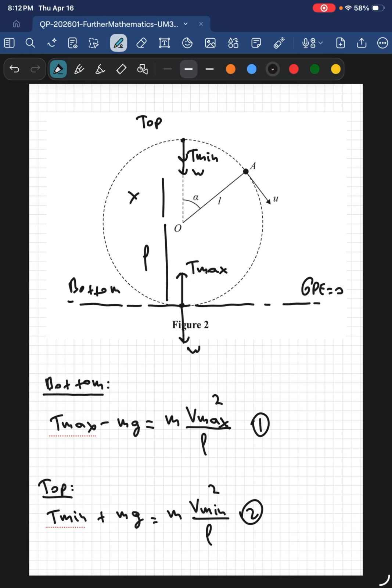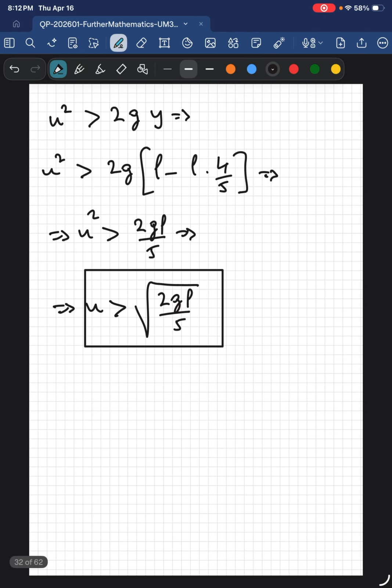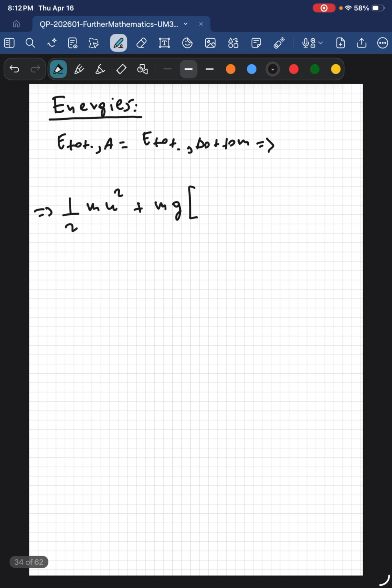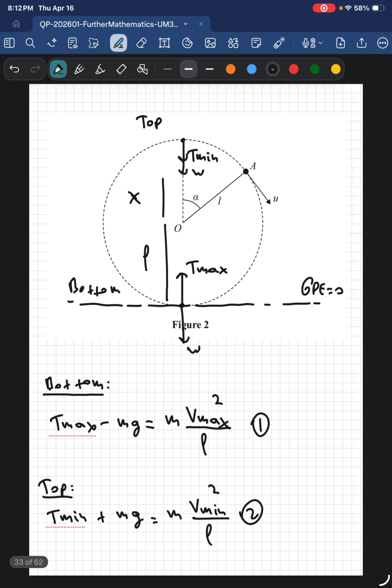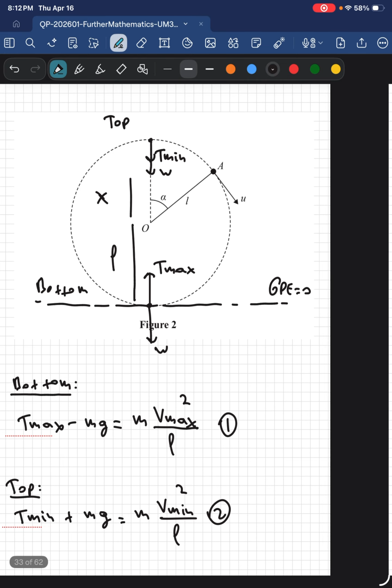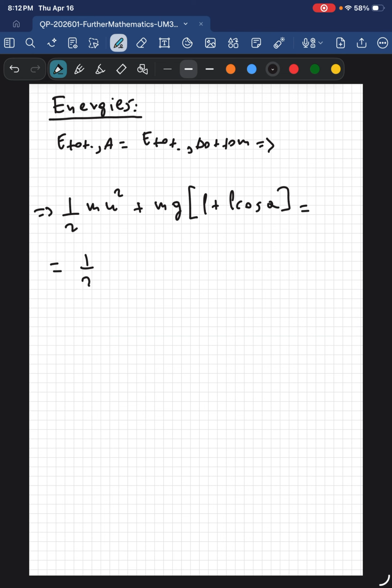Plus that quantity x that we calculated earlier, and x, I remind you, is L cosine alpha. So L plus x is simply L plus L cosine alpha. Okay, and at the bottom we only have kinetic energy, guys, right? No potential energy, because we defined the bottom to have 0 potential energy. Okay, so that's equal to 1/2 m v max squared, and we cancel the masses. I mean, we get this nice cancellation. Let's call this equation 3.